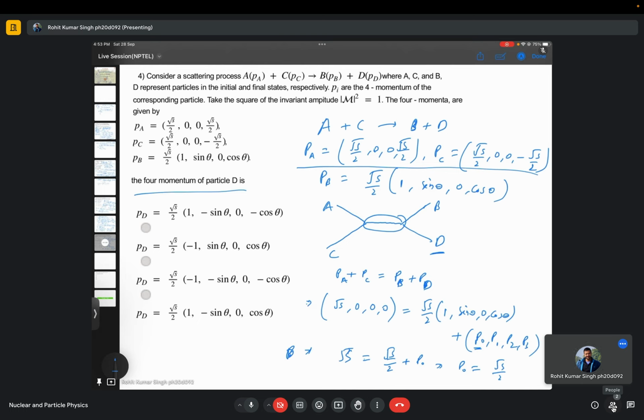Similarly you can see that P1 should be equal to minus sine theta, P2 should be equal to 0, and P3 should be equal to minus cos theta, right? So this means that option A is correct. This is very simple.